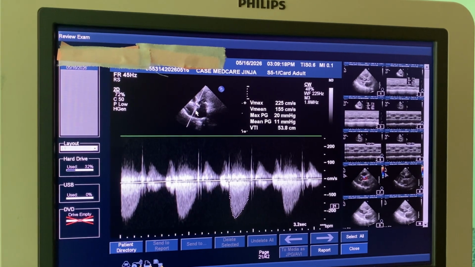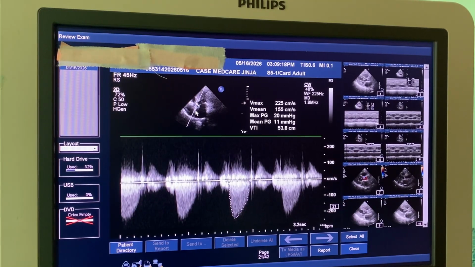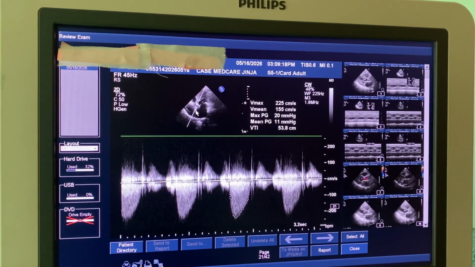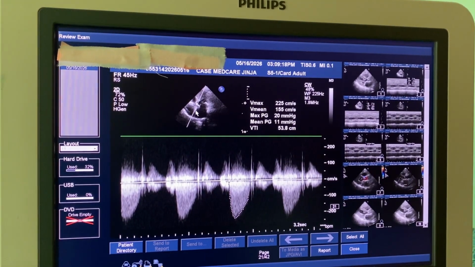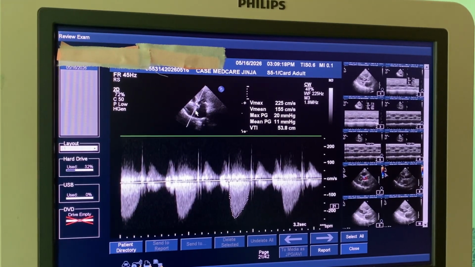Then we have low flow, low gradient AS with preserved ejection fraction. Now EF, ejection fraction, we call it EF.